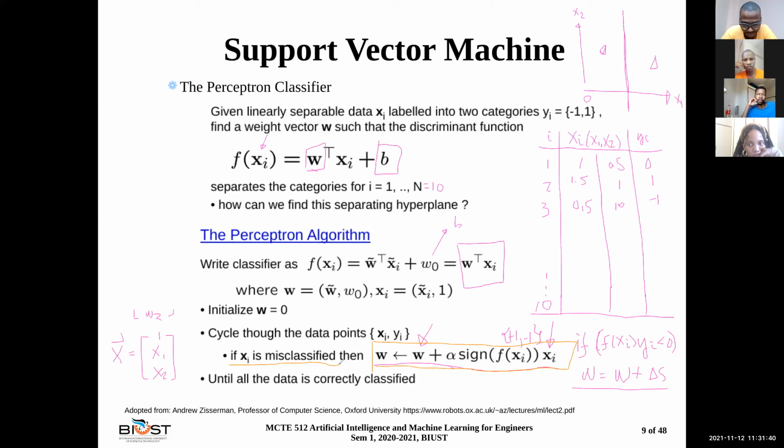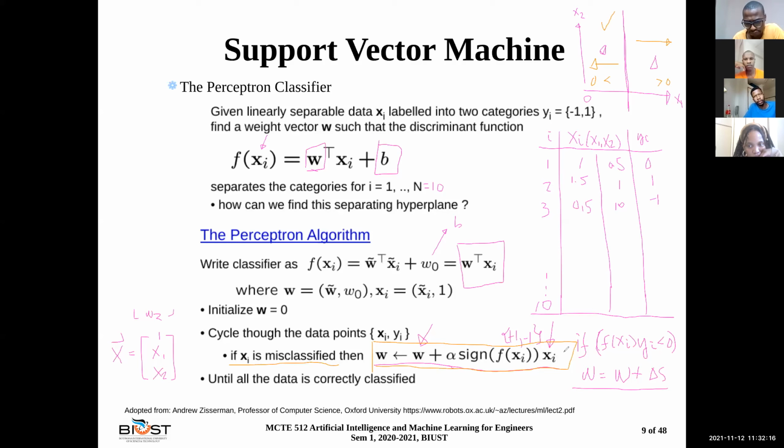If your xi is in this region and f of xi is less than 0, or your xi is in that location and it is greater than 0, then you don't need to correct the W's. Your W's are okay. But if there's a misclassification, then you need to update your W by some step size multiplied by the sign times xi.